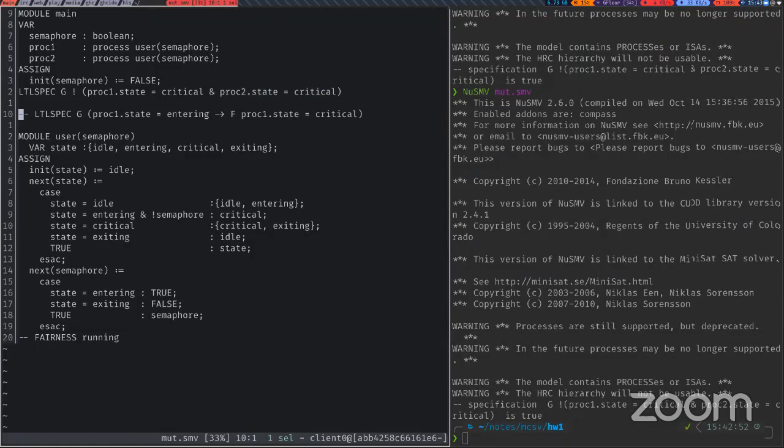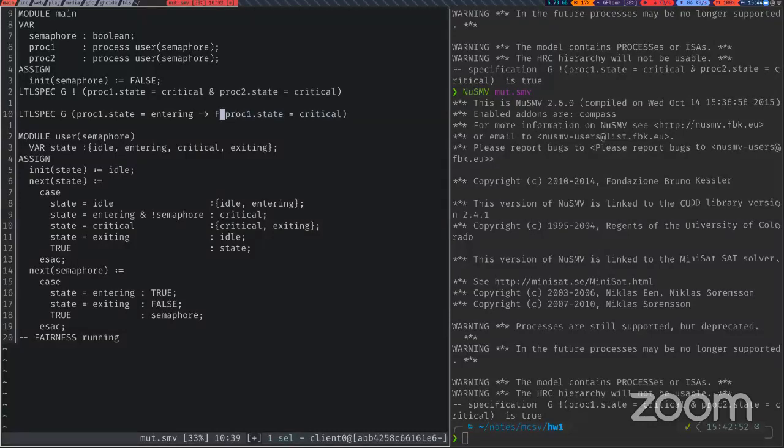We can write another specification that ensures that if a process tries to enter the critical state, it will eventually succeed in doing so. We can encode it like this. We say that always, whenever process one is in the entering state, eventually it will get into a critical state.